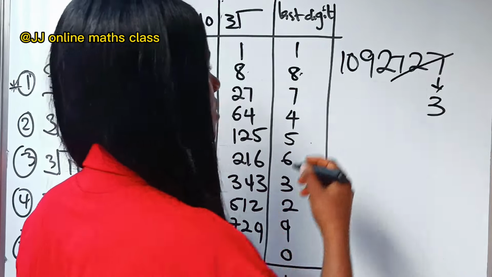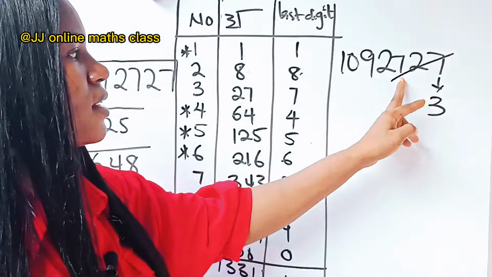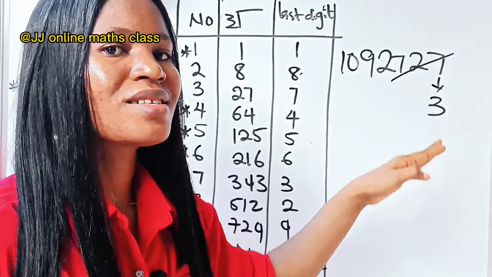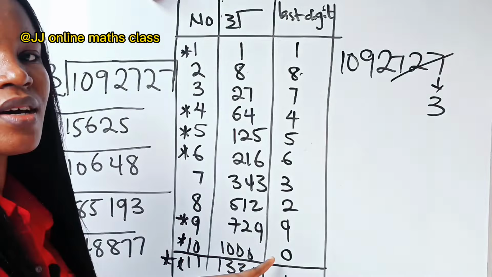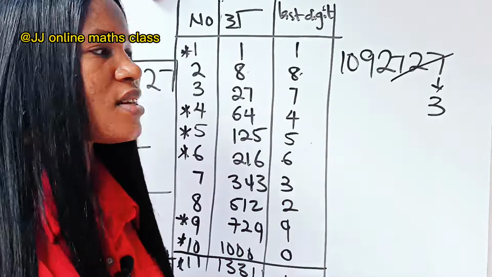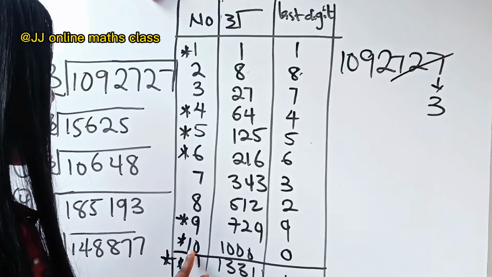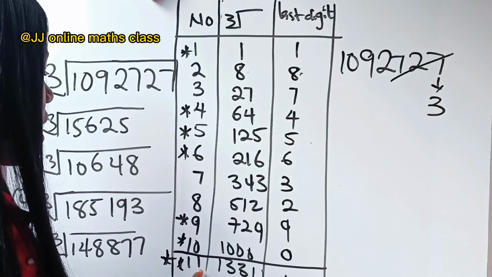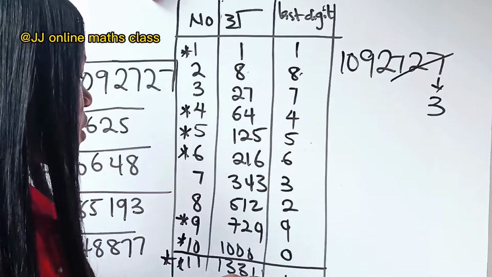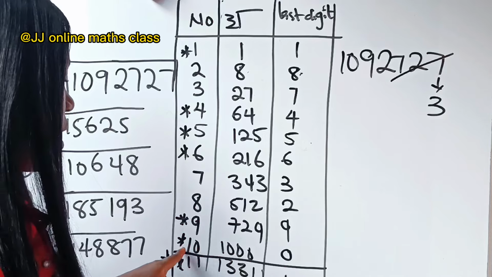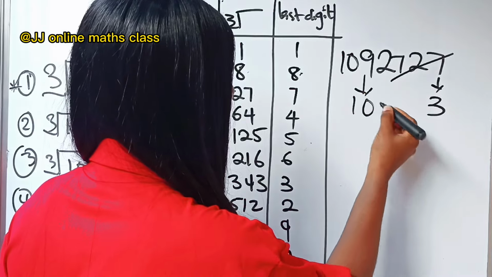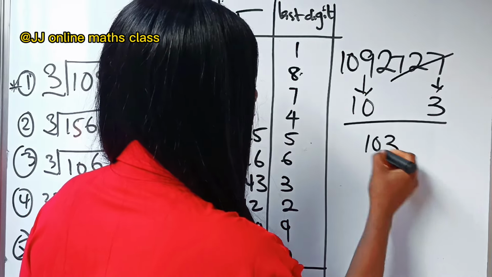Then you cross the last 3 digits, and notice that you have 1092, which is bigger than 1000. That is why I added the 11. Do you now understand? Now you notice that this is 10 and this is 11. We have 1331, which is higher than this. That means we are going to pick 10. So what we have here is 10, and the solution is 103.